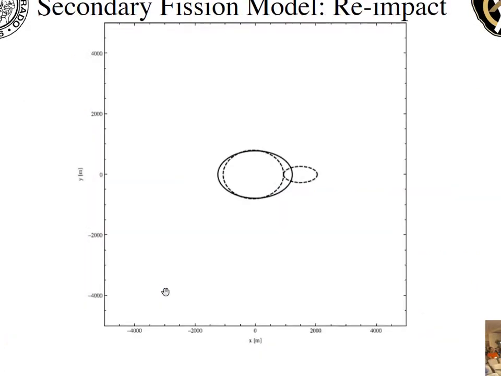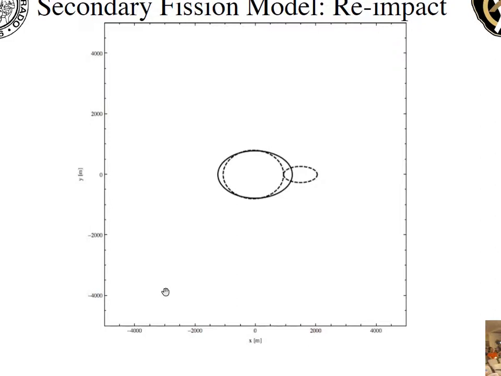So I just have a couple of movies to show this, and we have two situations that we look at here. This is a re-impact case, and this model shows the actual evolution of these two ellipsoids. However, we seed each ellipsoid with its subsequent shape, depending on mass ratio and the like, so that when this one spins fast enough, it will in fact split into these components.